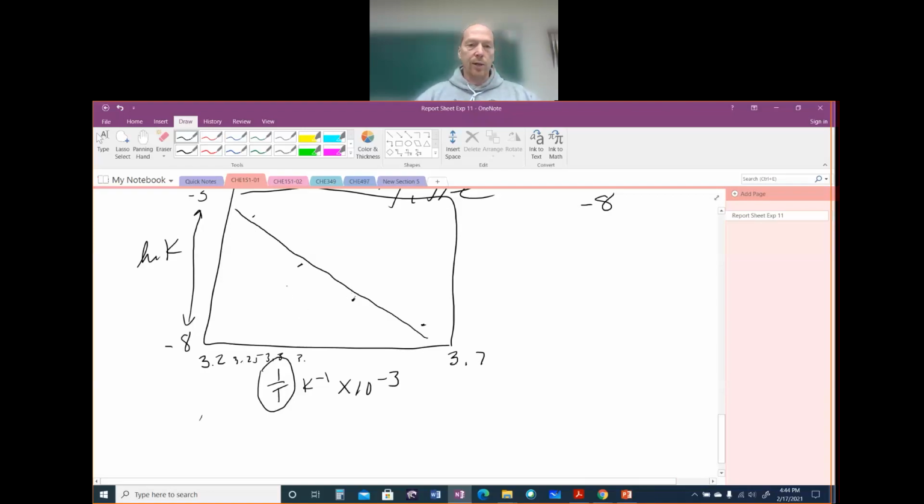Now you're going to have to pick a point. The points you pick are where you have a perfect number here off of your graph and a perfect number here. You are not going to use the points of your data, unless, of course, they go right through your best straight line. You're going to pick 2 points on this line, where you can read exactly what it is here and exactly what it is here.